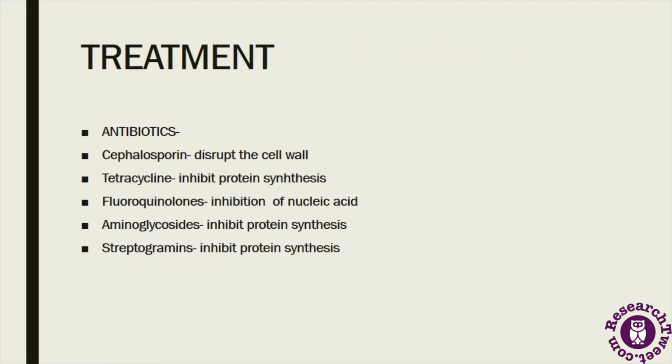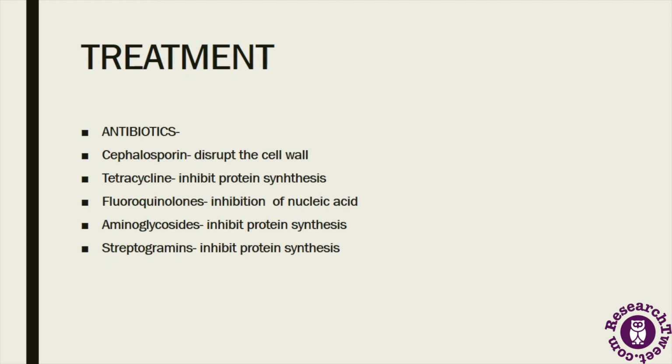Now let's understand the treatment. As we have discussed, they can be treated with the help of antibiotics. Several antibiotics are cephalosporin, which acts by disrupting the cell wall of the particular bacteria.